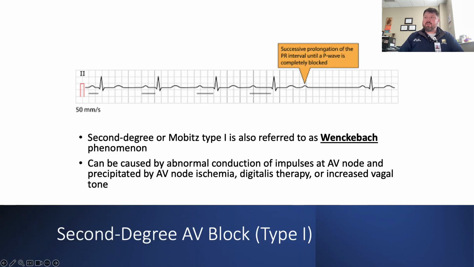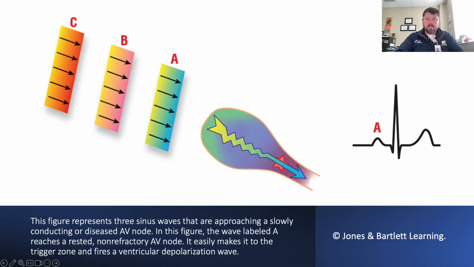This is also referred to as the Wenckebach phenomenon, and it can be caused by an abnormal conduction of impulses at the AV node and precipitated by AV node ischemia, digitalis therapy, or increased vagal tone. The Wenckebach phenomenon can occur with P waves that originate in the sinus node, the ectopic atrial tissue, or the AV junction itself.